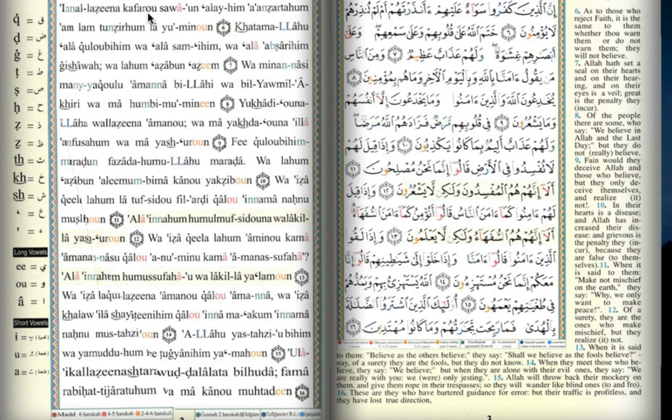Now, if you keep looking, we'll see if we can find another one real quick. We're looking for Noon Sakinah or Tanween. Scanning through the English side real fast. This is that wrinkled page that we were talking about last time.